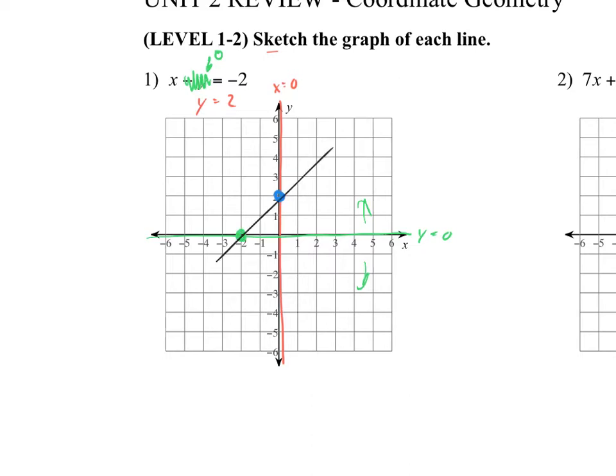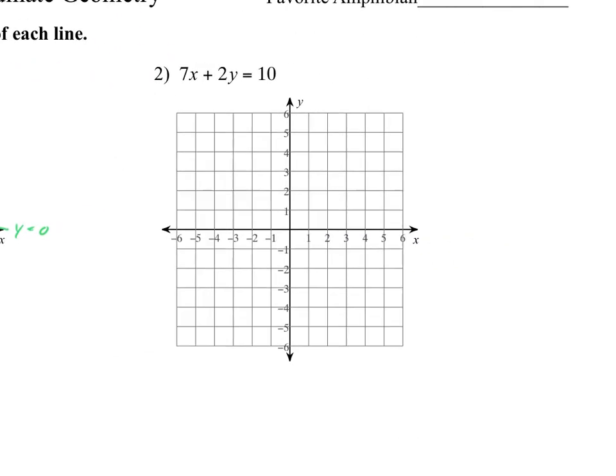All right. We're going to play the same game over here. And when this is 0, x equals, you divide by 7, x is 10 over 7. That's 1 3/7.